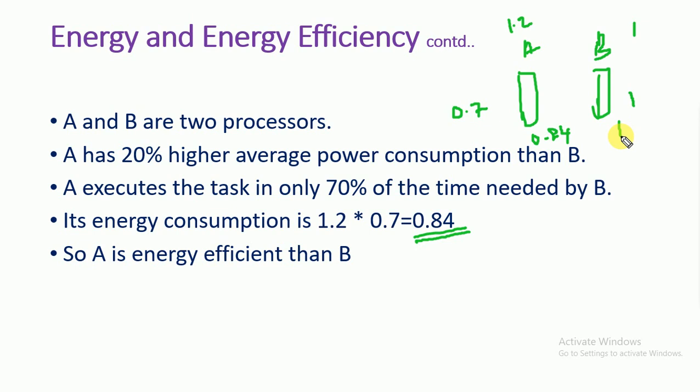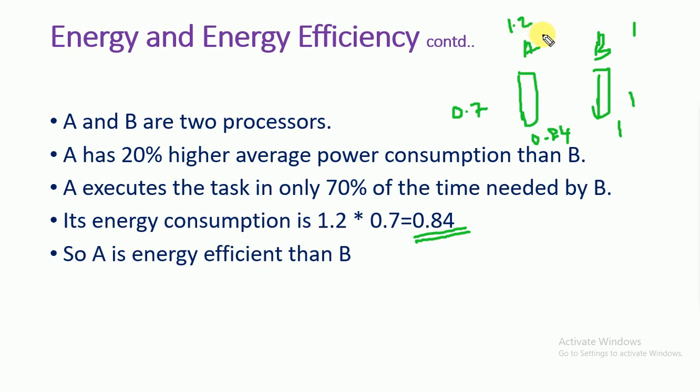Now just have a comparison. A has 1.2 power consumption, B is only 1. A has 0.7 time for a particular task, B utilizes time 1.